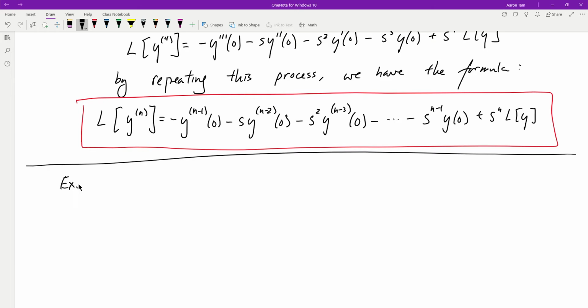All right, so let's give it a try. So here's the problem: solve by Laplace transform. Oops, forgot Laplace.